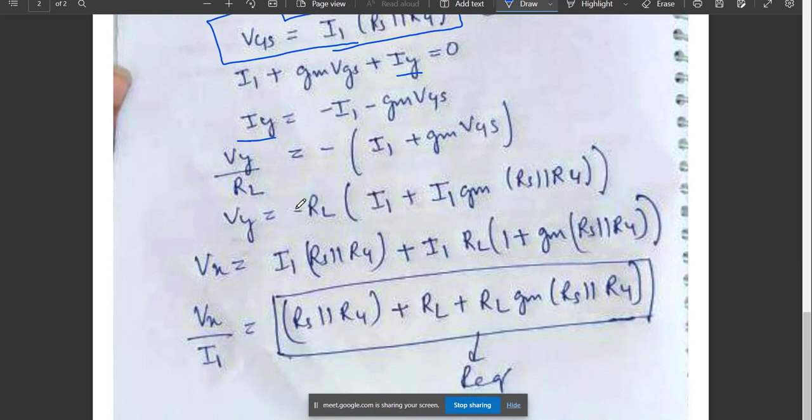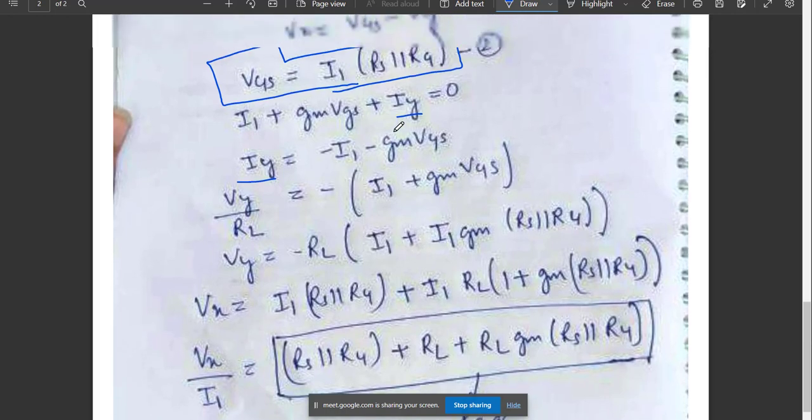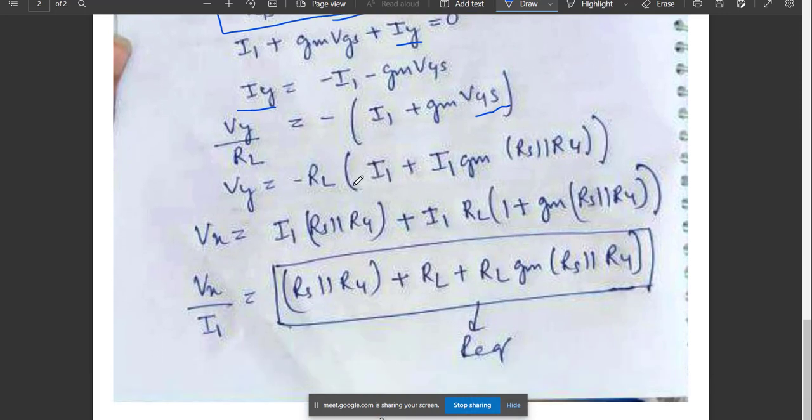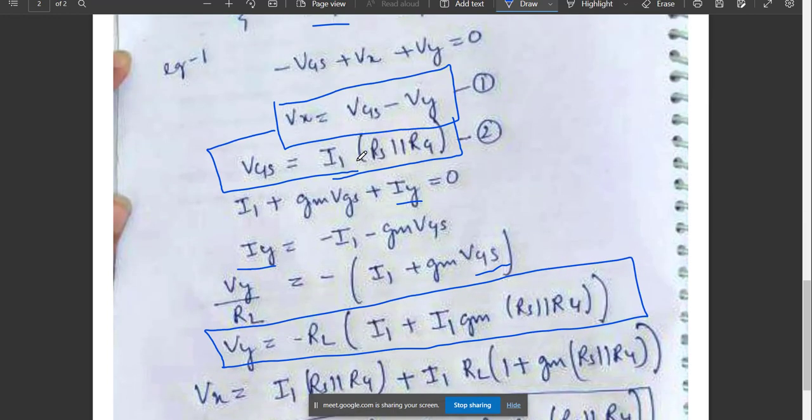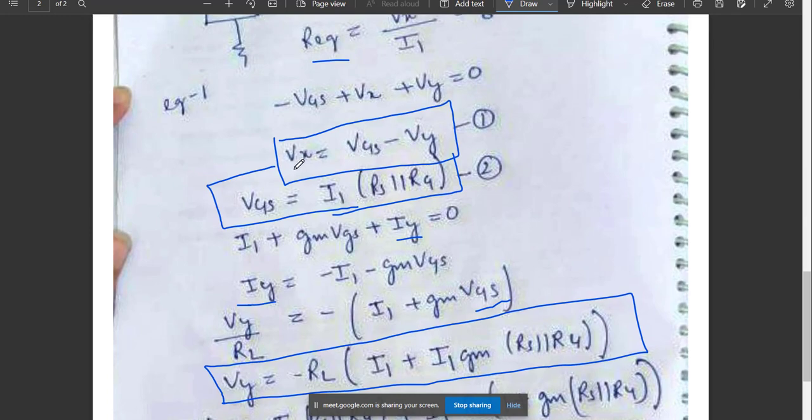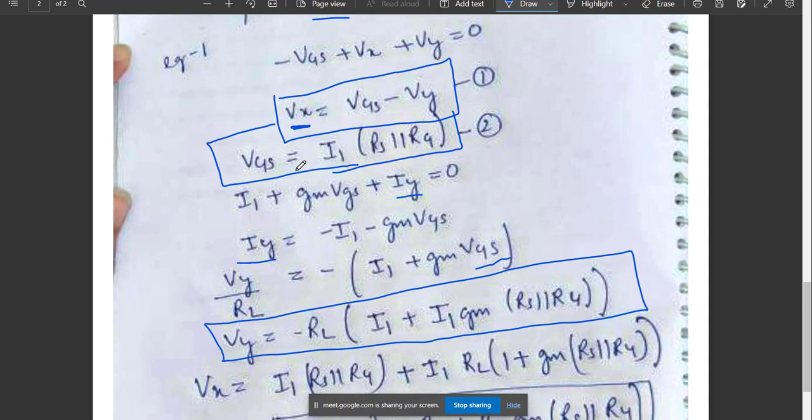Now Vy will transfer RL here. Now we'll put the value of VGS from equation number 2. We'll take out I1 also. So Vy we got something like this, right? Now we will put the value of Vy and VGS in the equation 1 to find out Vx.